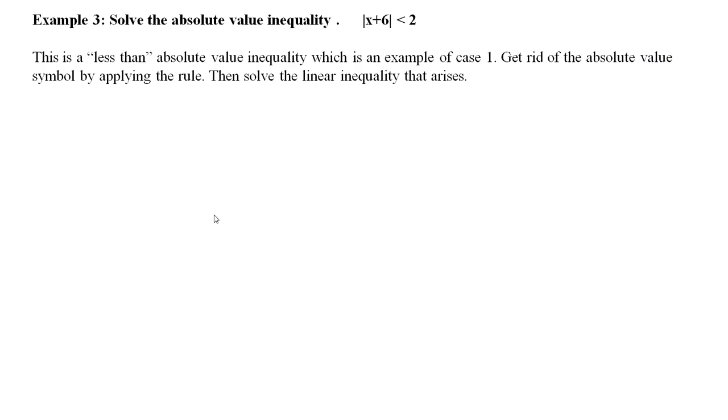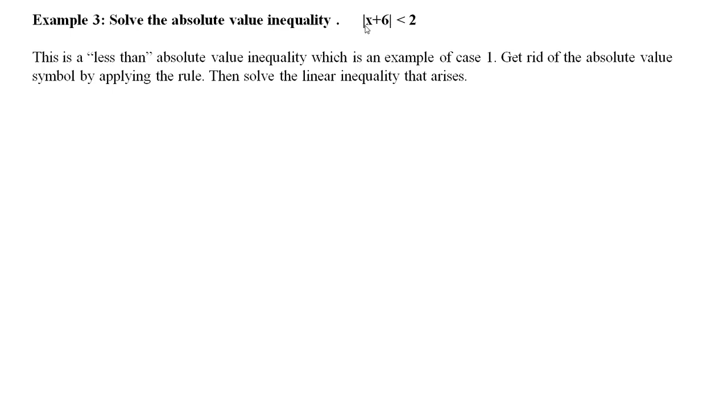When we remove the absolute value sign, we have to put plus and minus, because we are not sure whether x plus 6 is a positive number or a negative number. So we just assume for a while that there is no absolute value sign given in the question. What will be the possibilities?